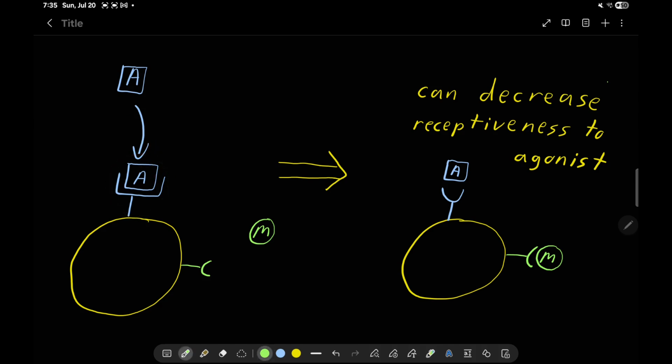But then your allosteric modulator comes along and binds to your allosteric site, which causes your orthosteric receptor to go from a square shape to a more circular shape. And now there's a worse fit between your agonist and your receptor. So there's decreased receptiveness, and this in turn can maybe lower potency or efficacy or both.